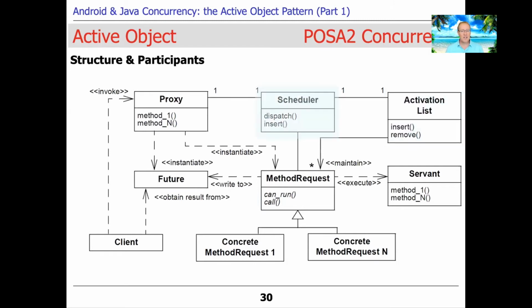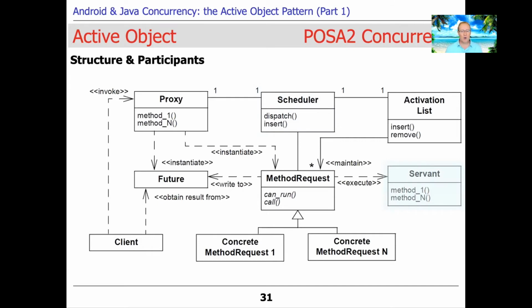Then there's something called the scheduler, which is used by the active object implementation to decide which of the messages or method requests queued up in the activation list should be run next. In this particular case, that's handled by the Android feature called the looper. We talked about looper before, and we talked about the command processor pattern.